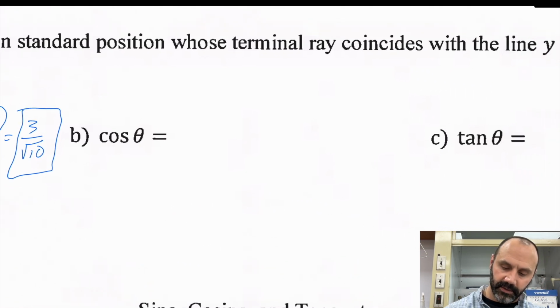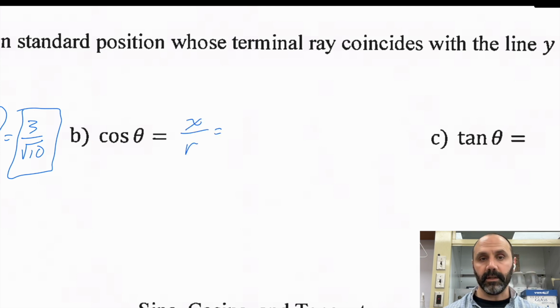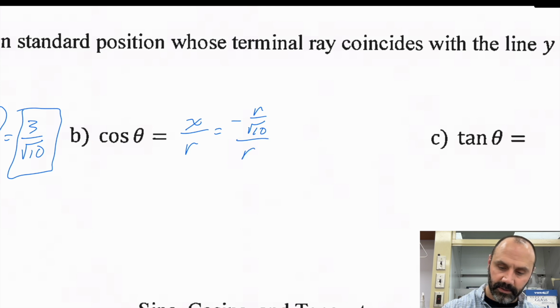Cosine is going to be x over r. Now again, x is negative r over root 10. So right away, the r's cancel out. I'm just left with negative 1 over root 10.